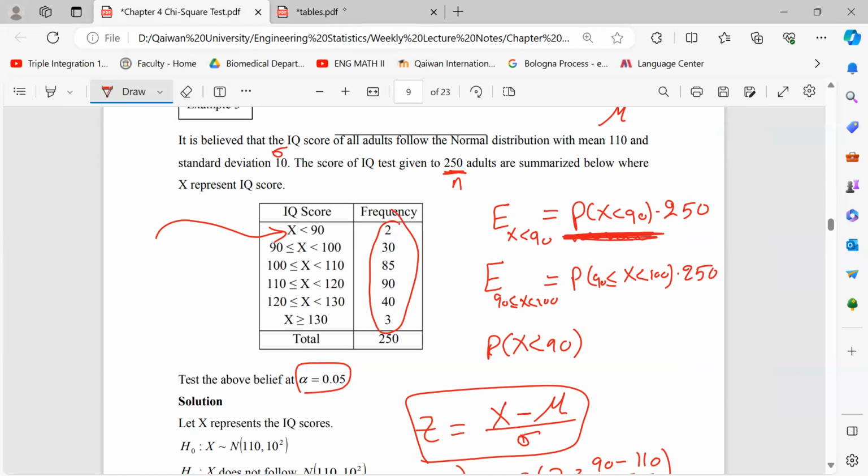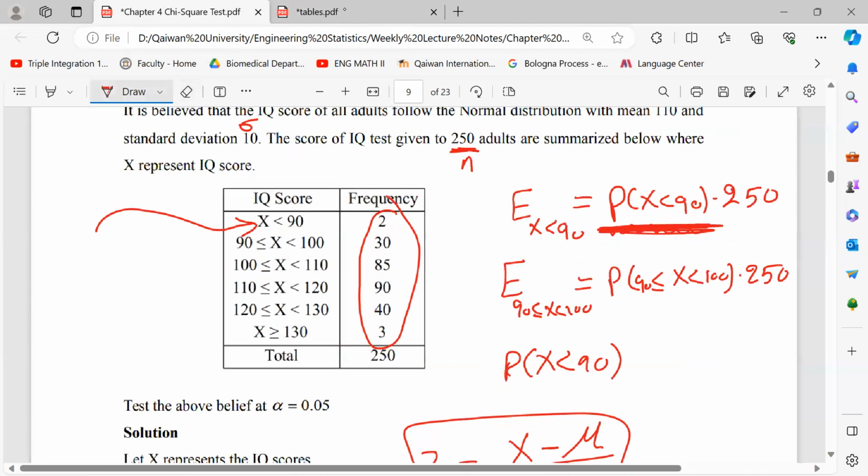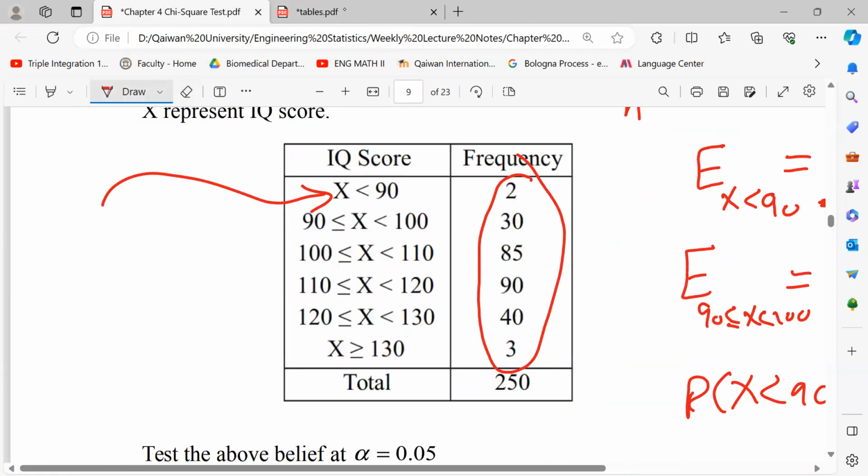How about the second one? Let's do it here. We have the probability of X being greater than or equal to 90 and less than 100.